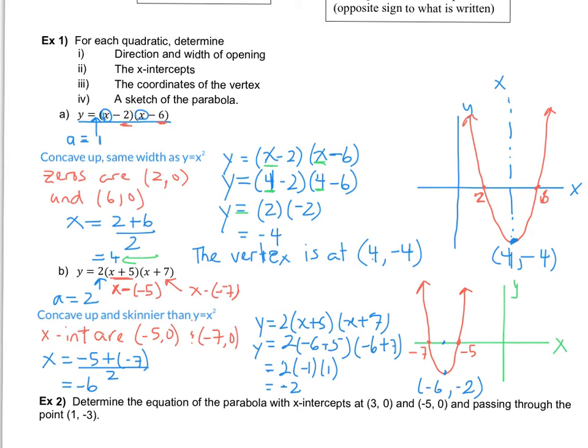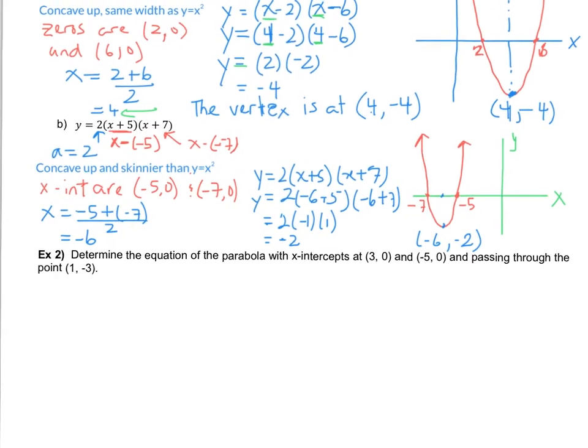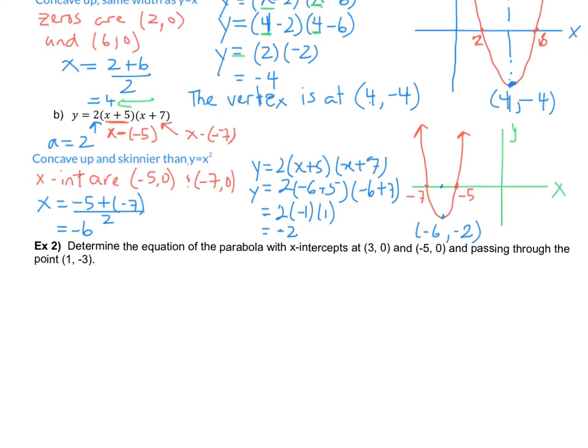All right, the last example here, determine the equation of the parabola with the x-intercepts here and here and passing through the specific point that I've given you. Now, it's just a work backwards kind of situation here. I'm going to start with that generic factored form of the equation with the a and then the x minus r and the x minus s.